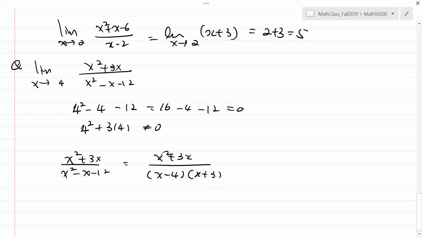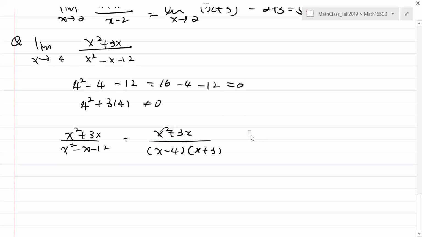So the term that really causes trouble is x minus 4. I can simply write x squared plus 3x over x plus 3 times x minus 4. So actually I can simplify further. x squared plus 3x is going to be x plus 3 times x. So that is going to be x. Even if you cannot simplify, that's fine.